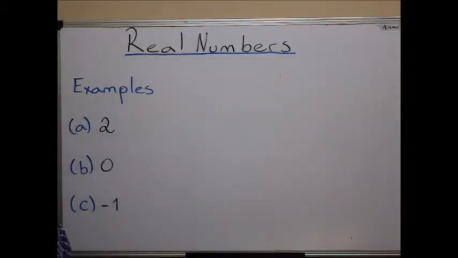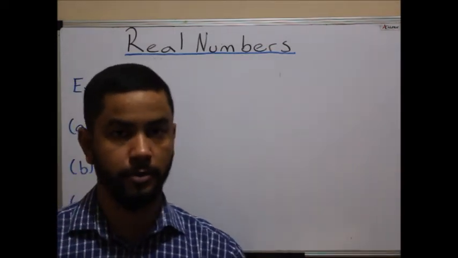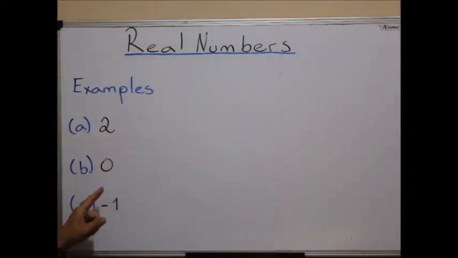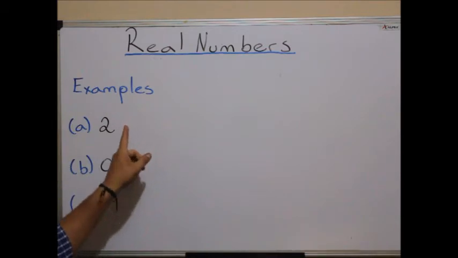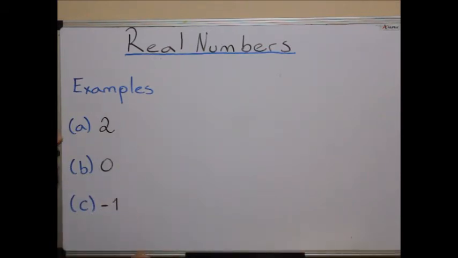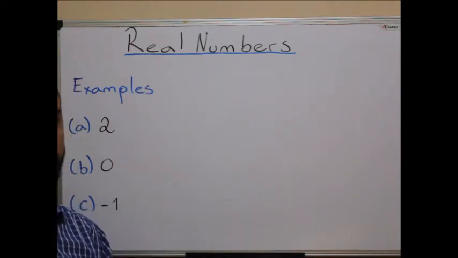Okay, let's see some examples of things that we can do with our rational numbers. 2, 0, and -1, besides being natural numbers, whole numbers, and integers, are also rational numbers, and thus they are real numbers.